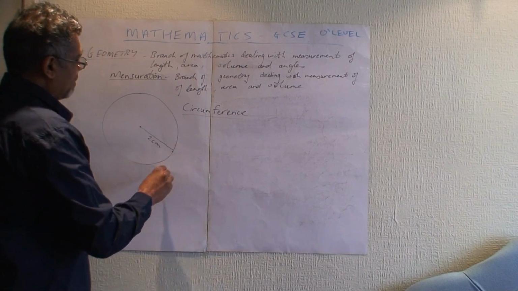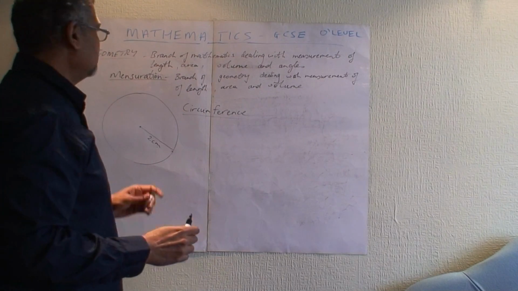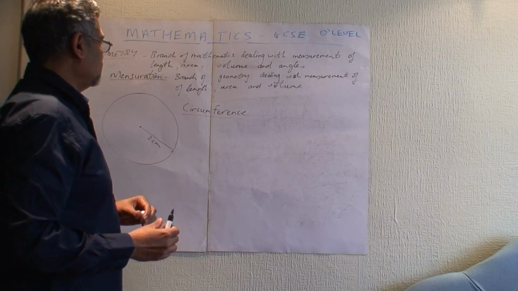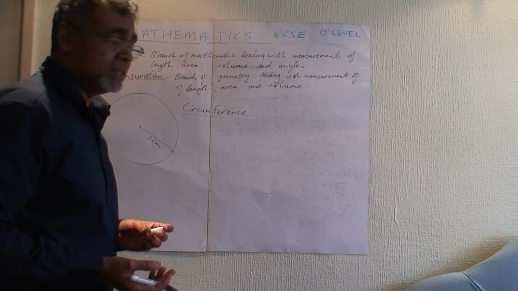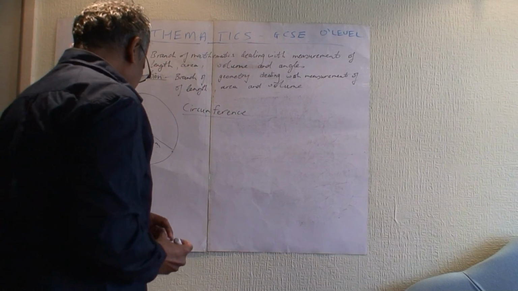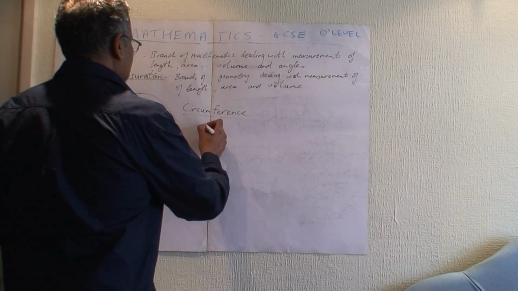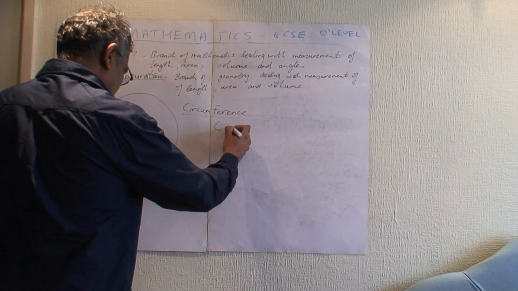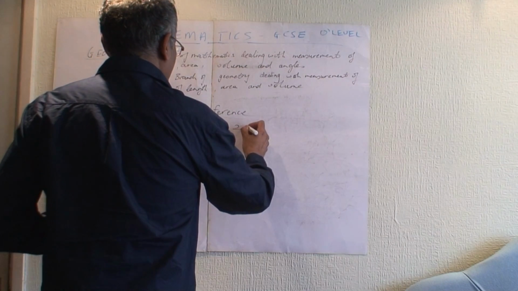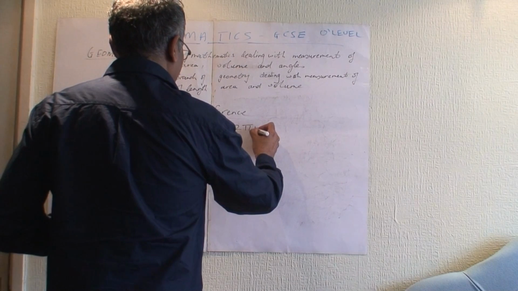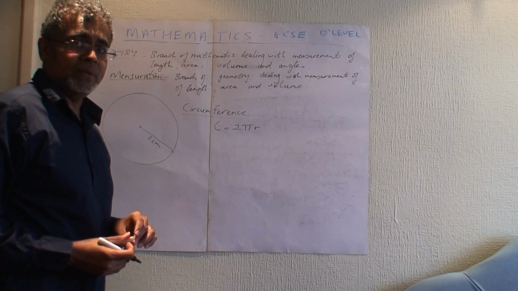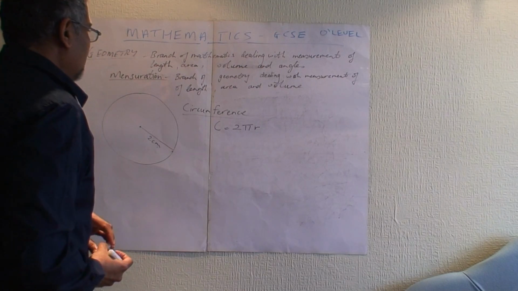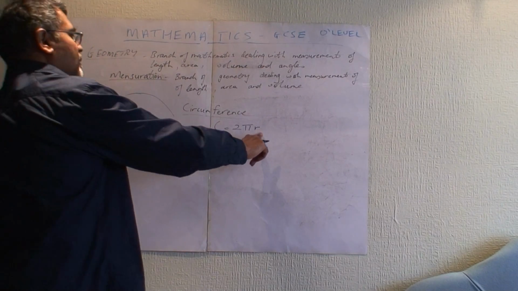How much of it is in centimeters. In this case, we want to find out what is in centimeters. Okay, and to find circumference, that is equal to what is known as 2 pi r. That's the formula. We dealt with pi, we know what pi is, and we know what the radius is.